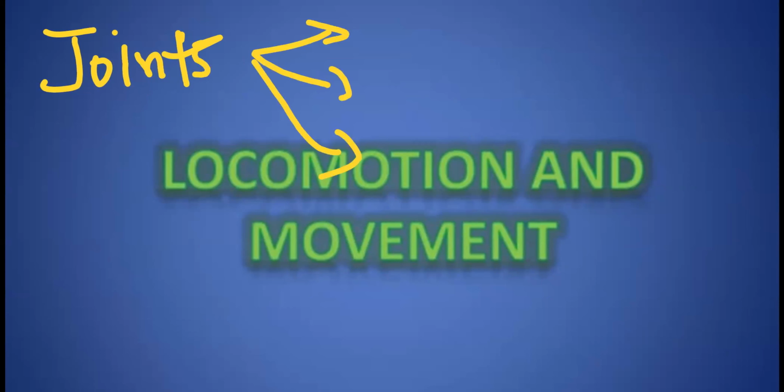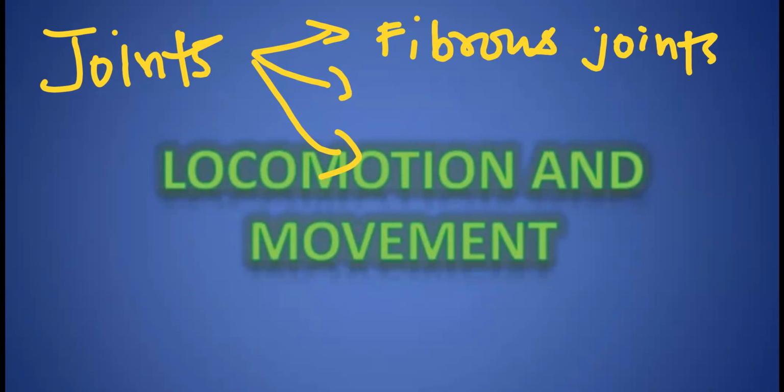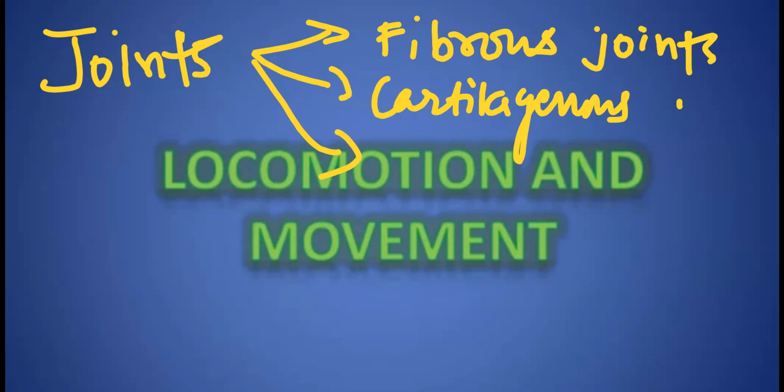These joints are mainly divided into 3 categories based on the material at the joint position. One set is fibrous joints, another is the set of cartilaginous joints, and lastly the synovial joint.